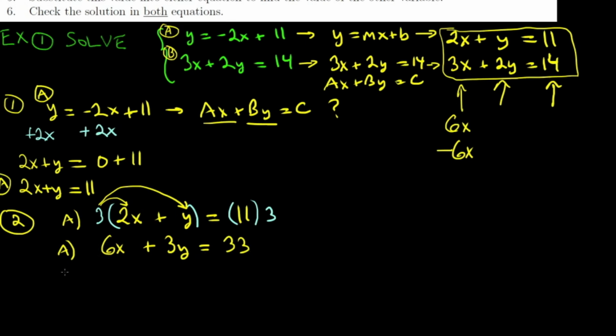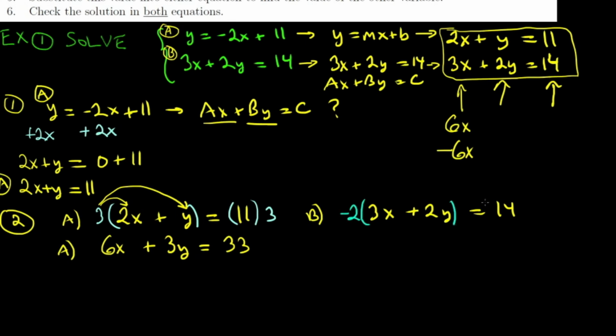Got it? Now let's do the same thing with equation B. Equation B was 3x plus 2y equals 14. Again, we want this 3 to become a negative 6, because we want to cancel the positive 6 here. So 3 times what is negative 6? Well, negative 6 divided by 3 is negative 2.